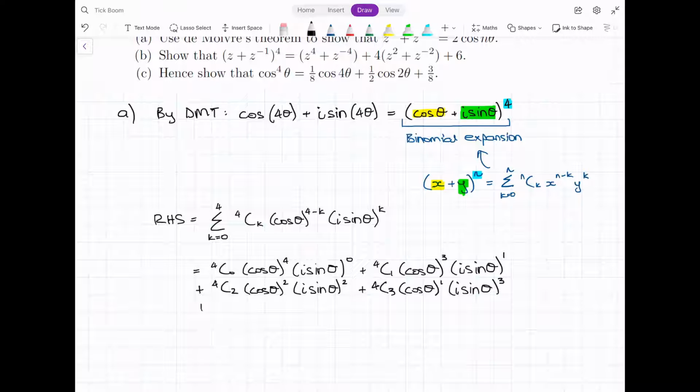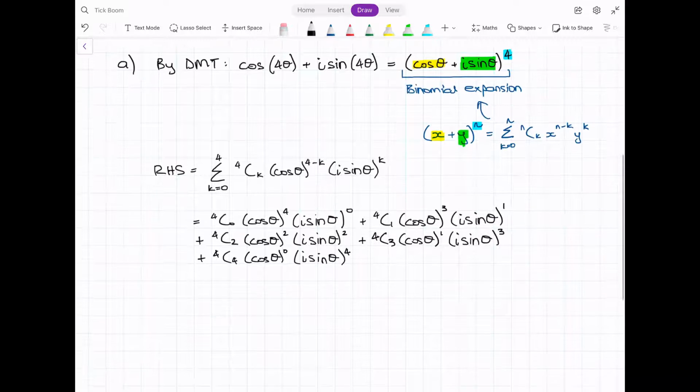And then finally, plus 4c4 cosine theta to the power of 4 minus 4, or to the power of 0, times i sine theta to the power of 4. So that's basically the nuts and bolts of the binomial expansion.